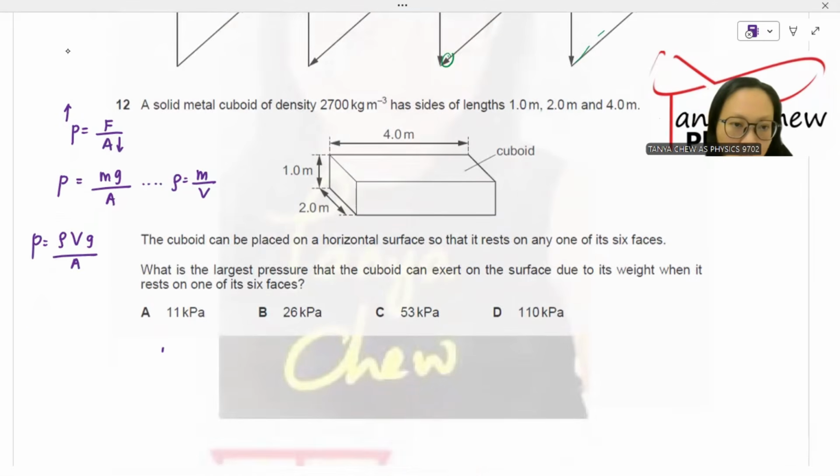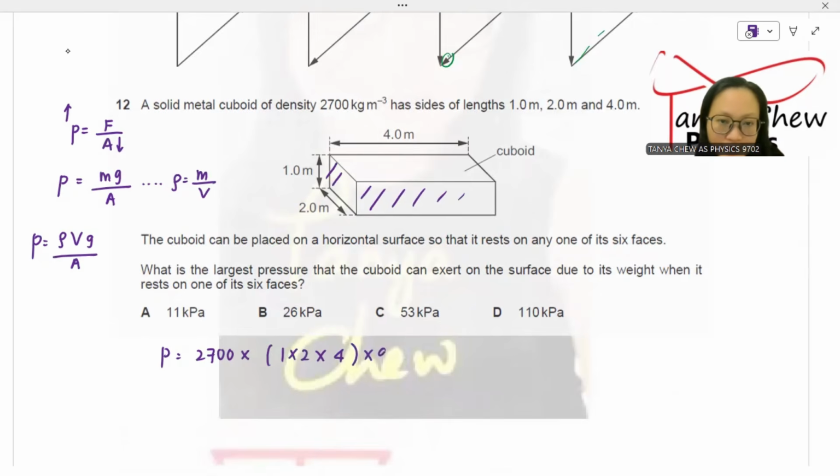So my pressure would be equal to density, 2,700, times the volume of the cuboid, 1 times 2 times 4, and then g is 9.81, over the smallest area of contact. So this is the height, right? Okay, not this one.